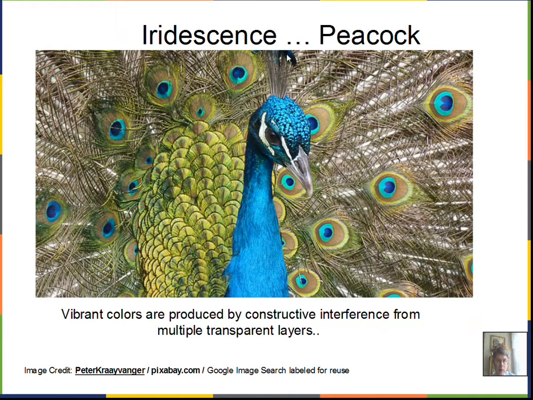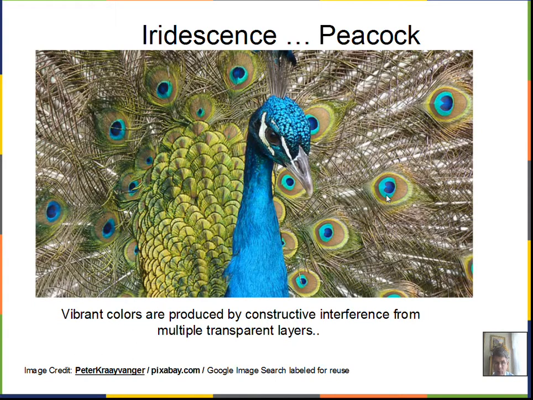A little bit on iridescence, no calculations, just the concepts. You do see some animals and even minerals that show enhanced, striking, iridescent colors. The peacock could be one of these. Again, there's constructive and destructive interference taking place here.